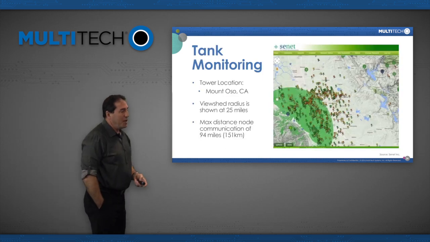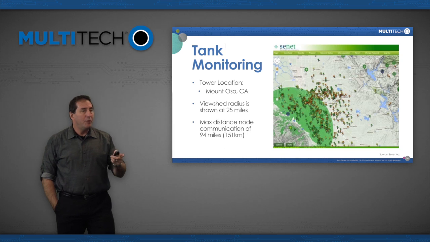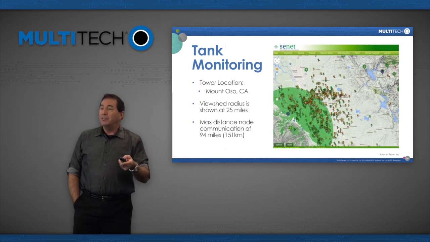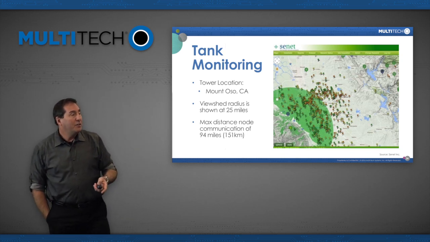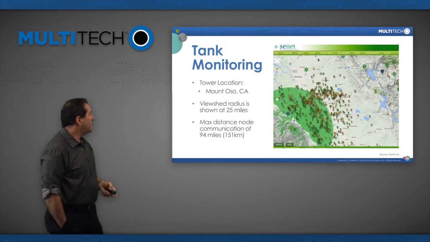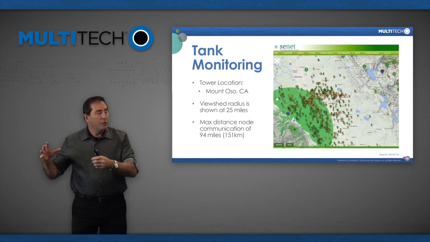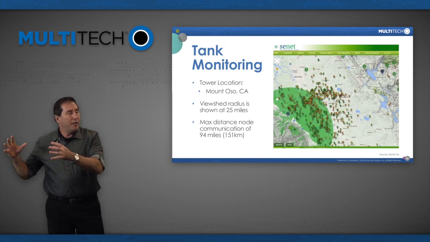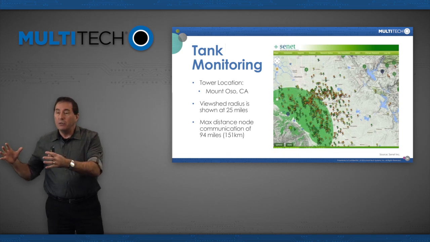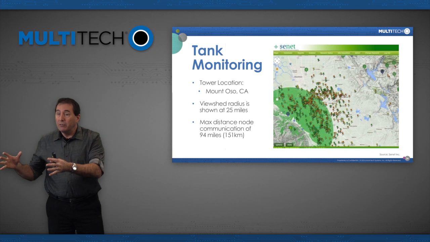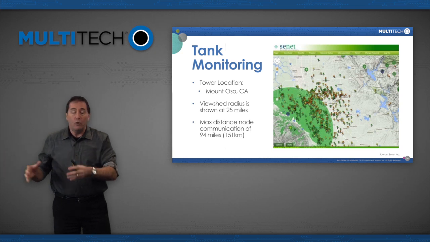So here's a couple of examples. I don't know how familiar you are with the company called Senet. Dave Chendall is their CTO. He's a great guy. He provided me this. Senet does, among other things, create a coast-to-coast public network for LoRa. That's their goal.